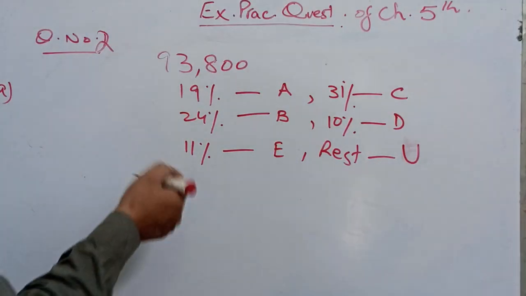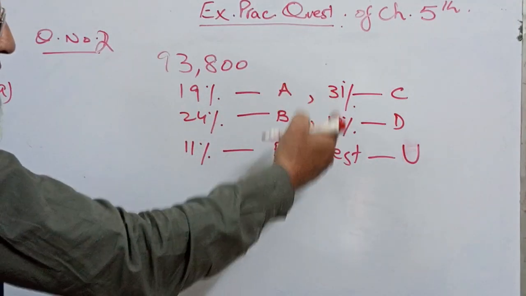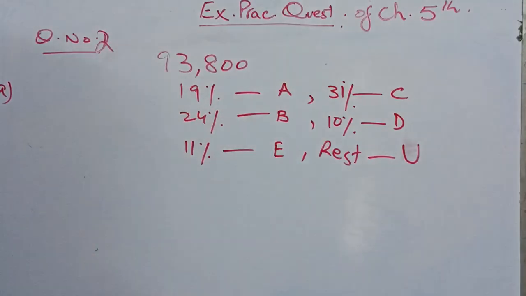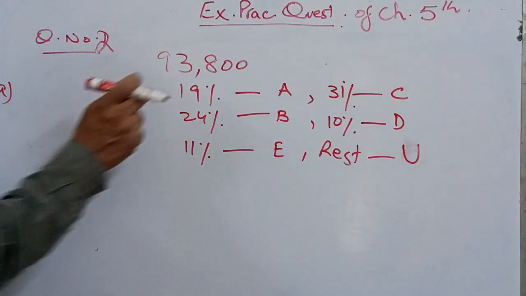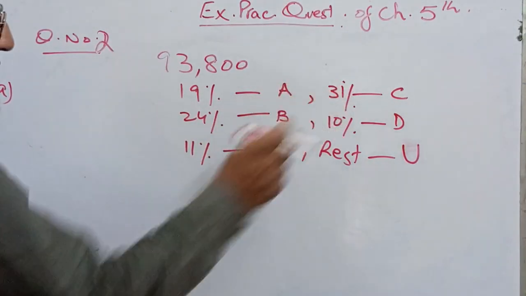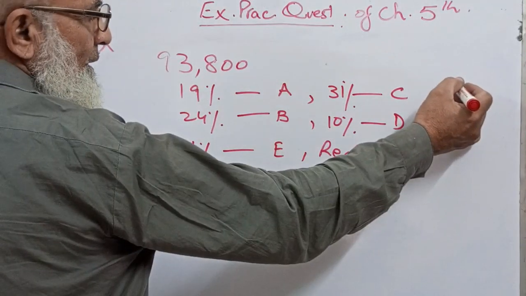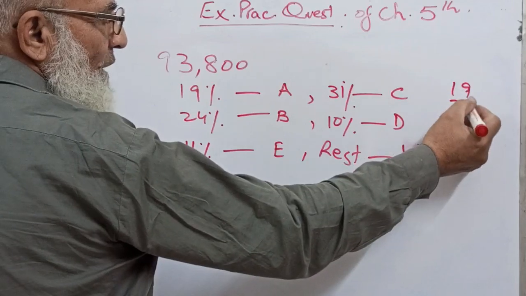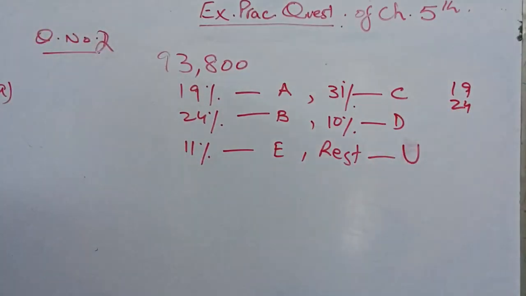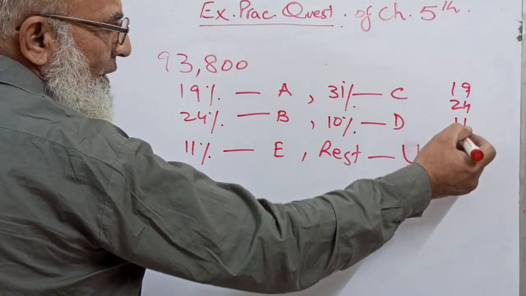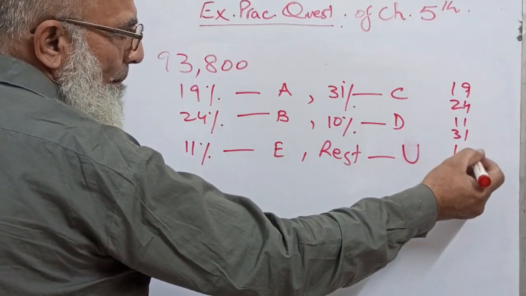So what we do, we'll add all these percentages, 5 percentages together. You see that we'll add these 19, 24. Just forget the percentage sign. 11, 31, and 10.